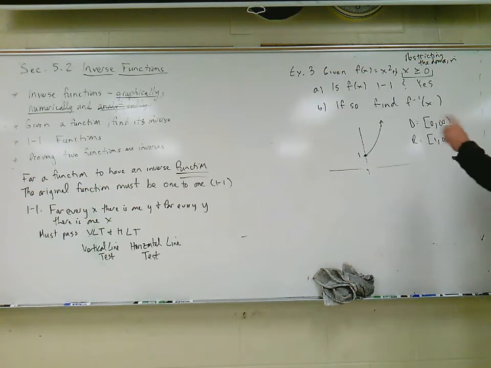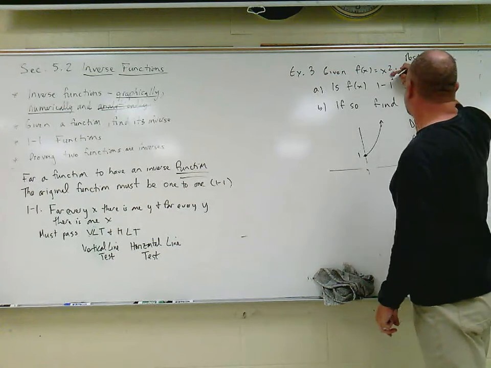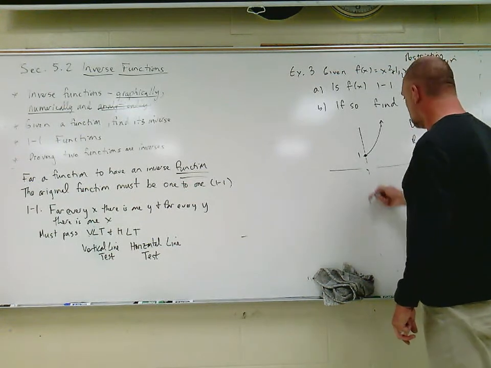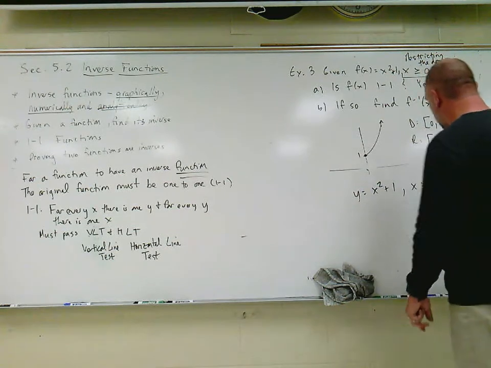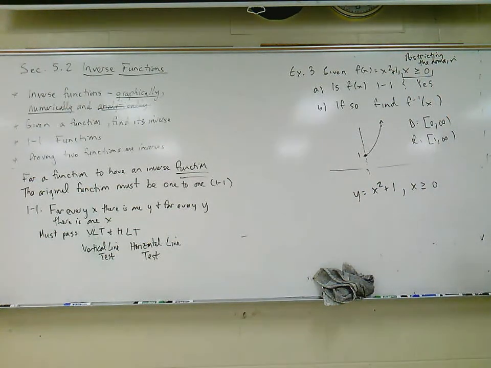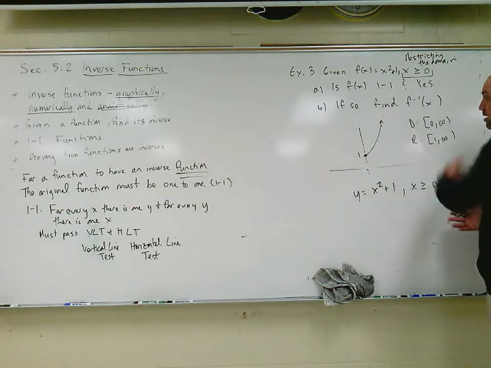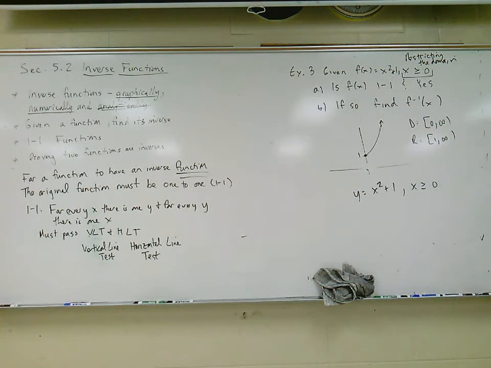Okay, now go through your steps. I changed it to x squared plus 1. So now make it y equals x squared plus 1, but you've got x is greater than or equal to 0, and go through your steps for finding the inverse. Because it says, if so, find f inverse. So now go through your steps that will give you f inverse.